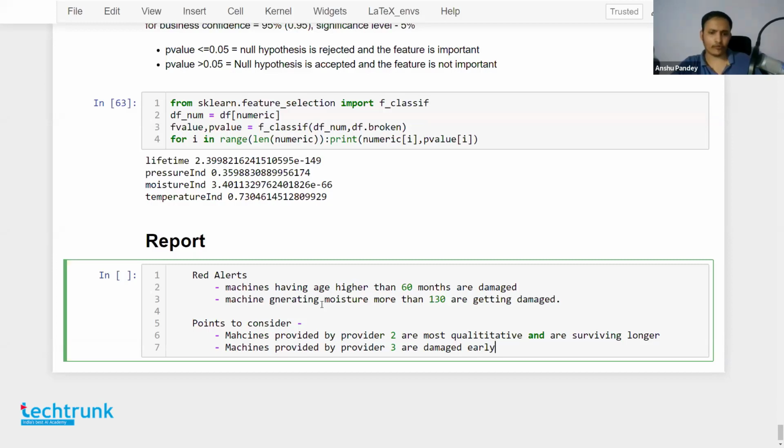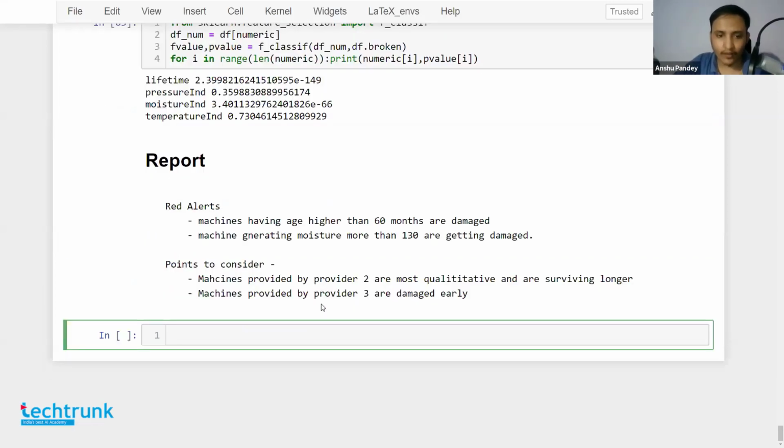Right, so these are a few noteworthy points. There could be even more as we explore. We can add those over here and finally create a report on top of this. So that's the nutshell idea about this data analytics project.